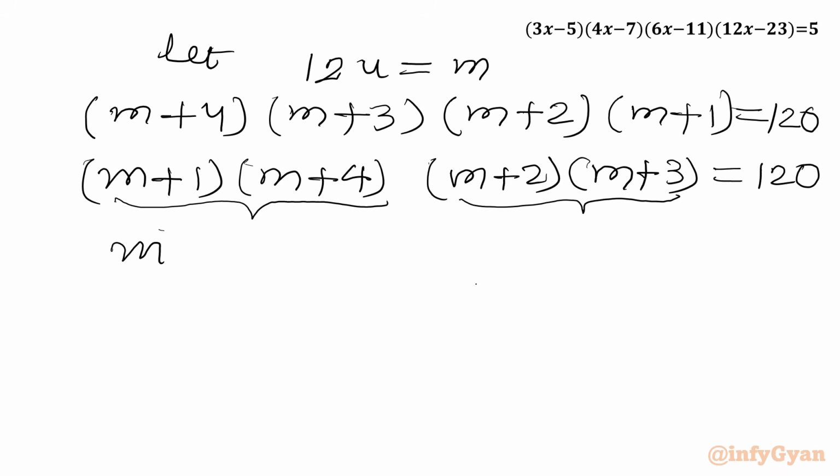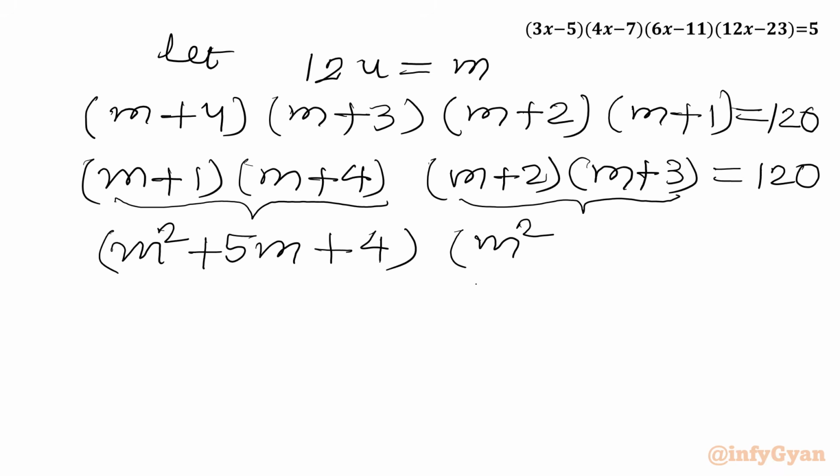We will get m square plus 4m plus 1m plus 1 times 4 is 4. Here we'll get m square plus 3m plus 2m plus 2 times 3 is 6, equal to 120.